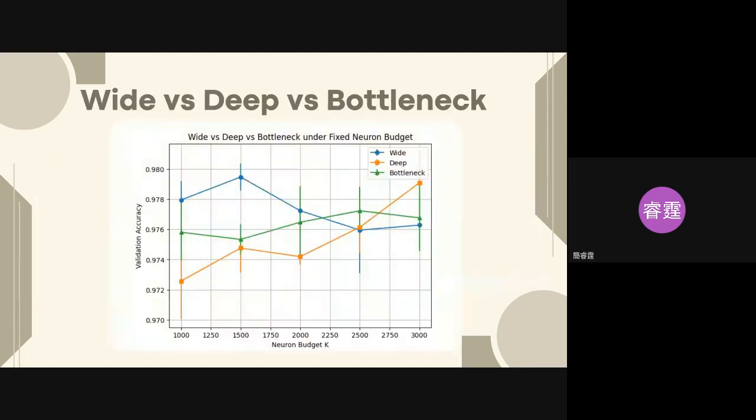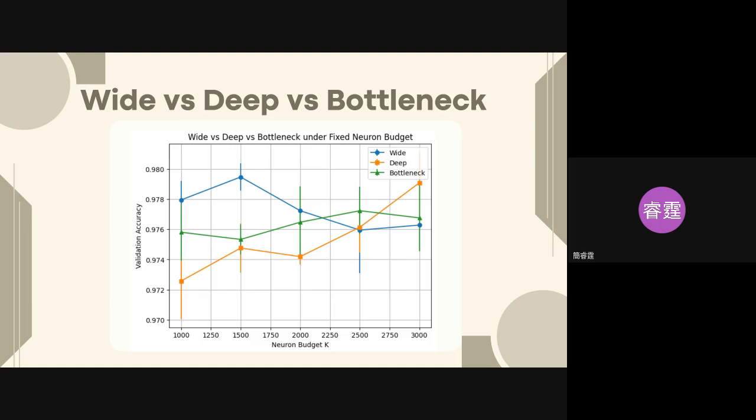And let's compare the 3 different models. So the wide model puts more neurons in one large layer. And this gives it a strong performance when budget is small because it can use the limited neurons very directly. And in the graph, wide performs best at smaller K, such as 1000.